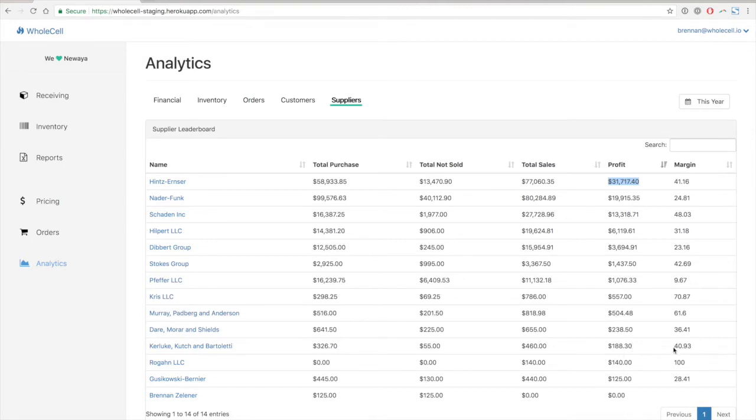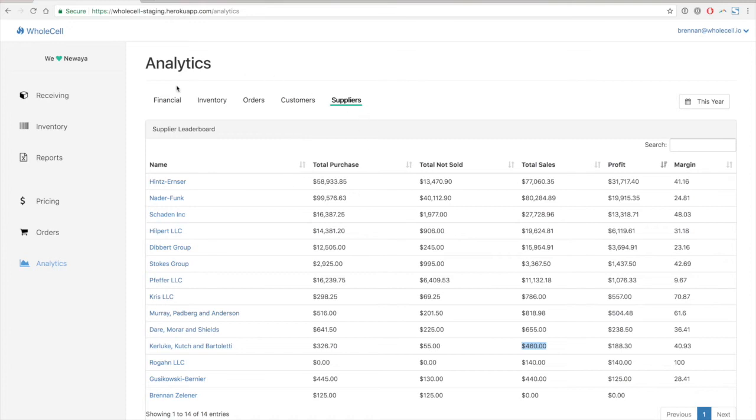So we were spending a ton of time trying to set up deals and get phones from that channel, but when it really came down to it, we weren't making very much money on them. So based on that, we chose to drop them as a supplier really early on, and it saved us a ton of time to focus on suppliers like this.